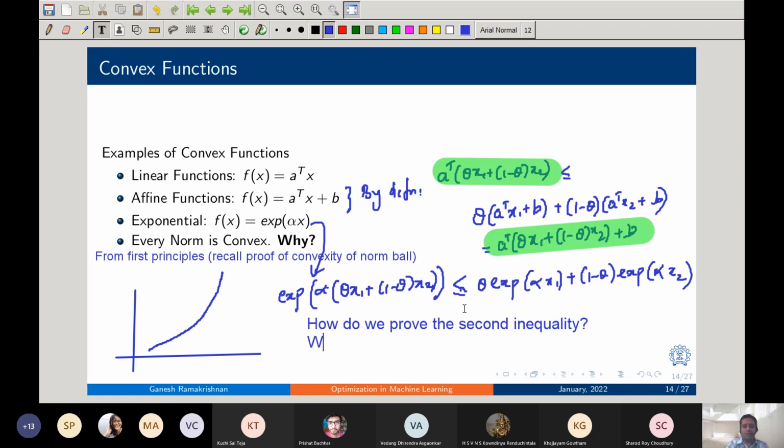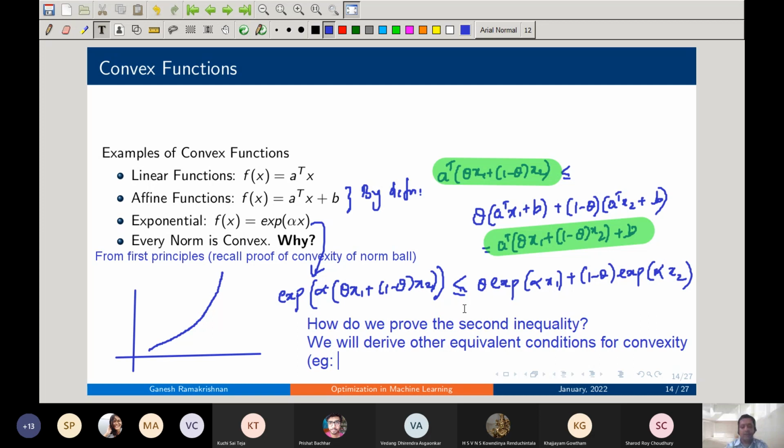We will derive other equivalent conditions for convexity. The first order or derivative based, and you've done it in your calculus course, right?